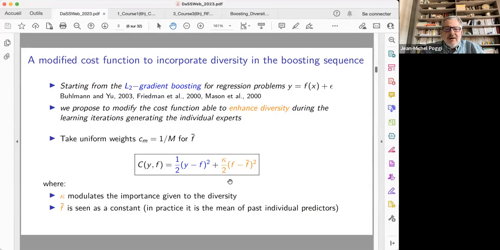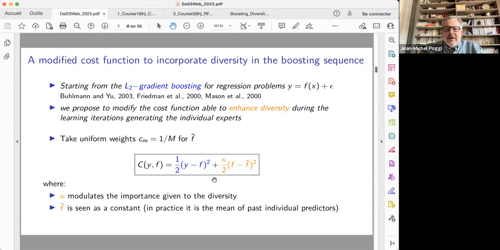In this formula, F bar is seen as a constant, but of course in practice, it is the mean of the past individual predictors produced by the learning steps. And you have a parameter, kappa, which is positive, which allows you to tune the importance given to the diversity in the iterations of the boosting.